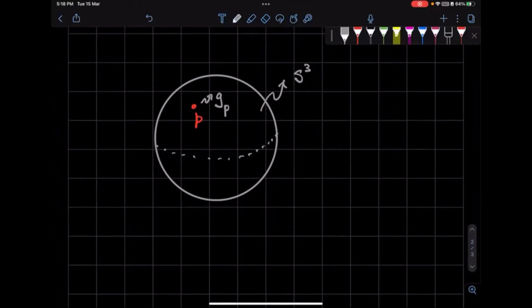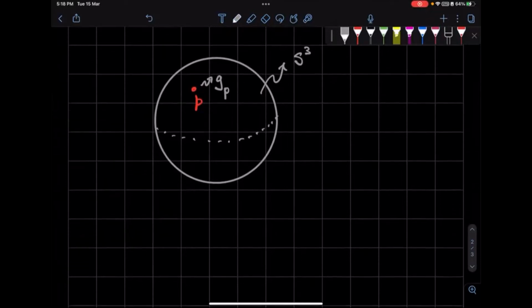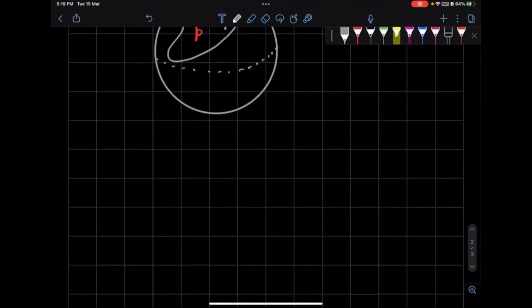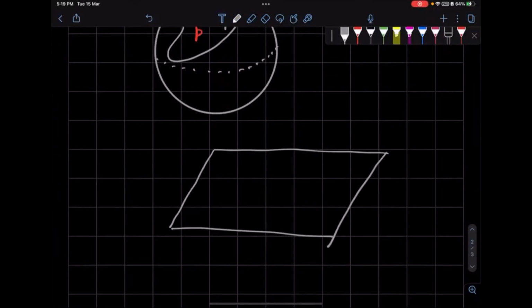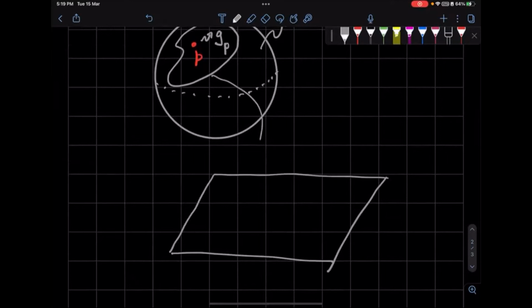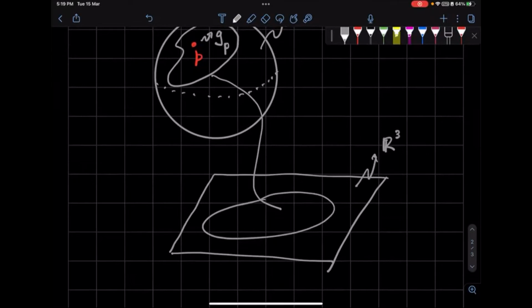And because it's a manifold, that means that we can find a local neighborhood of P such that we can find a projection such that this local neighborhood of P gets projected to a subset of R3.